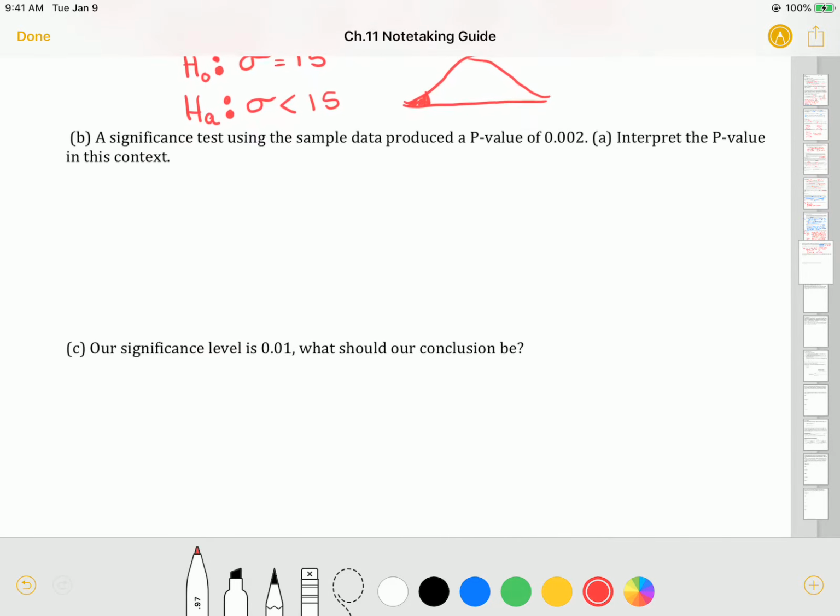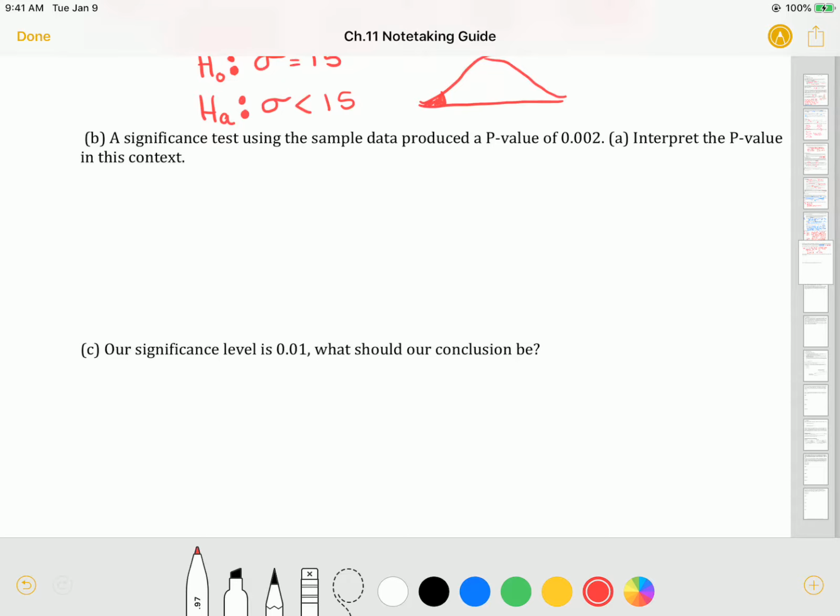Okay? So for part A, it says a significance test using the sample data produced a p-value of 0.002. We want to interpret this in context. So remember, the p-value is assuming the null is true. The probability we will observe a sample statistic as extreme or more by chance alone is equal to the p-value.